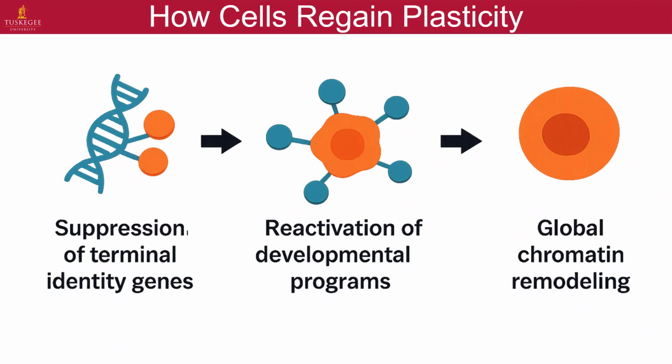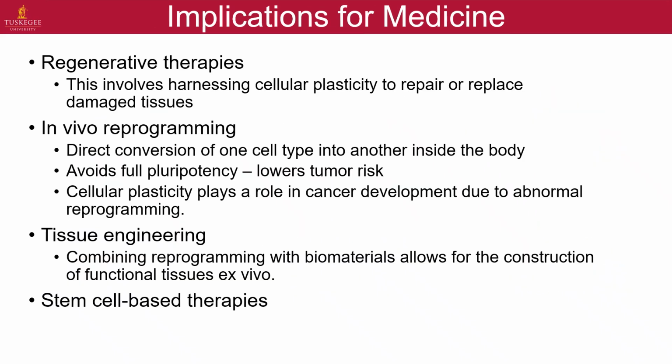Once that happens, most of the time it results in activation of developmental programs. So now the cell can differentiate and develop into the specified state that it needs to be. For that to happen, we ensure that there is chromatin remodeling.